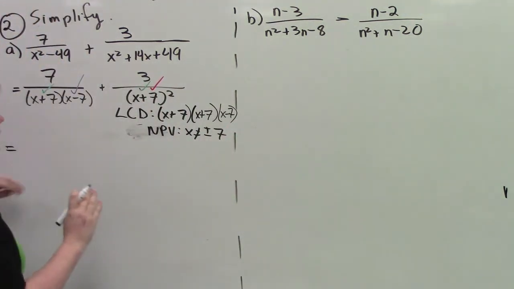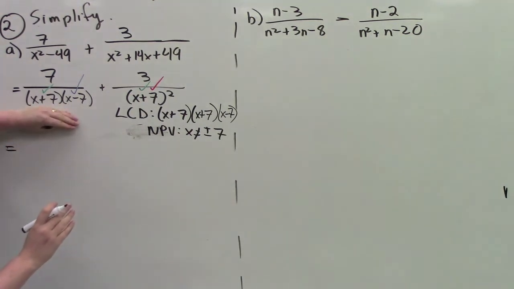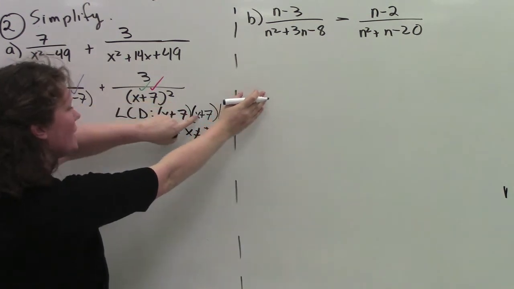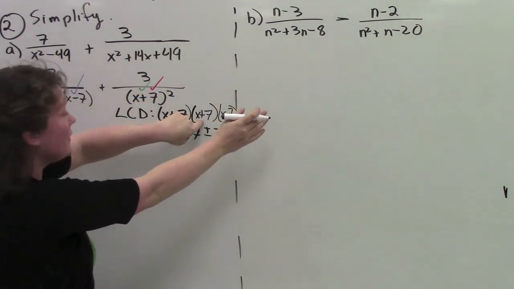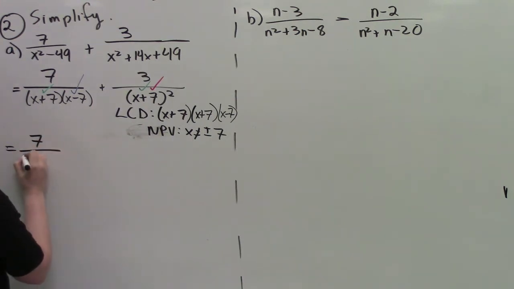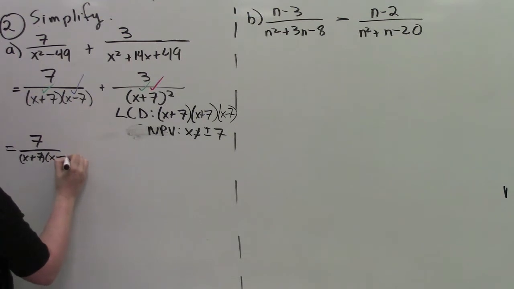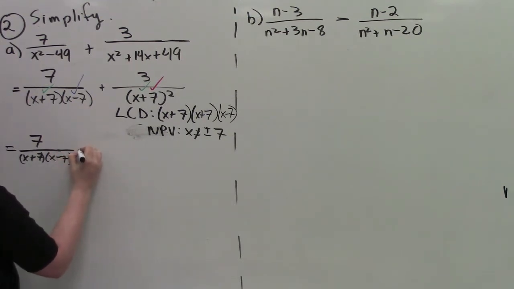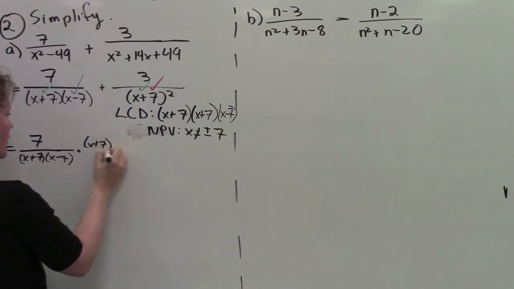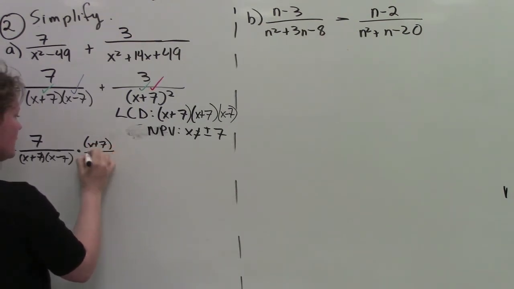So I need to multiply by what I'm lacking here. I have an x plus 7 and an x minus 7. I need to multiply it by x plus 7 over x plus 7. So 7 over x plus 7, x minus 7, close bracket, times what we have left, x plus 7 over x plus 7.